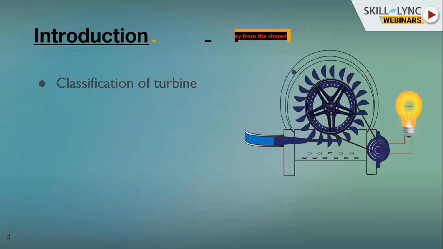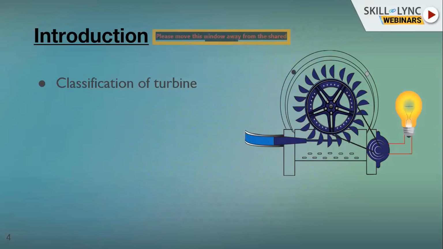Next, the broad classification of turbines is into four categories. Remember that the types of turbine and the classification of turbine are different.